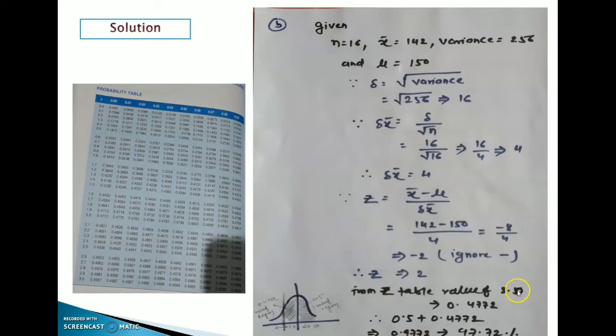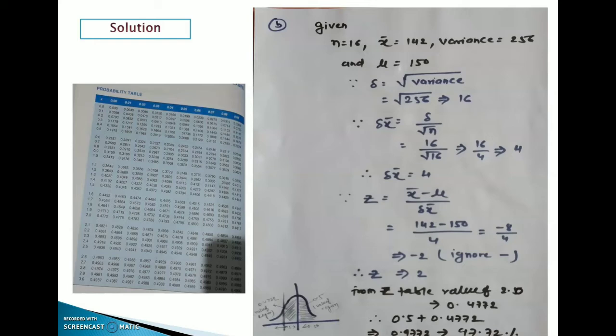When variance is given, we have one formula, that is sigma is equal to the square root of variance, that is the square root of 256, and we get 16. In the same manner, we have the formula sigma x bar is equal to sigma divided by square root of n. There we get 16 divided by square root of 16, that is 16 divided by 4. 4 is the answer for sigma x bar.